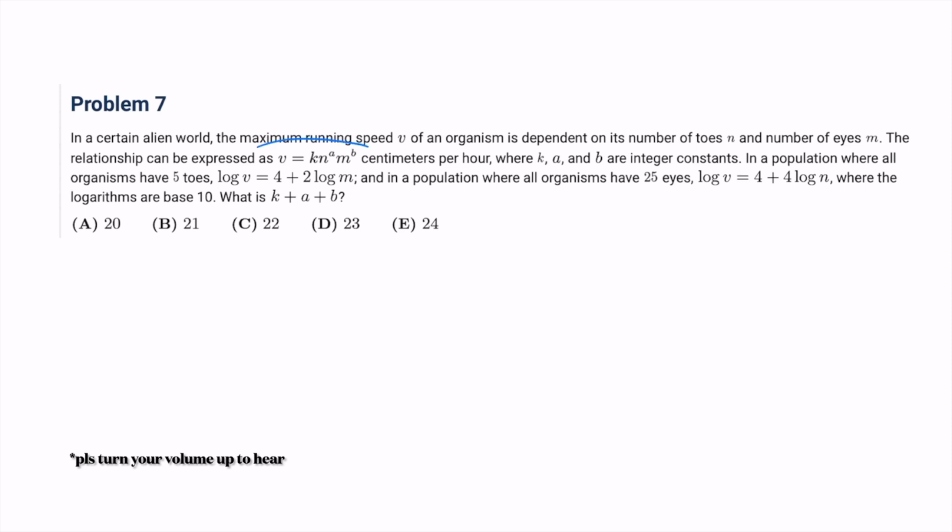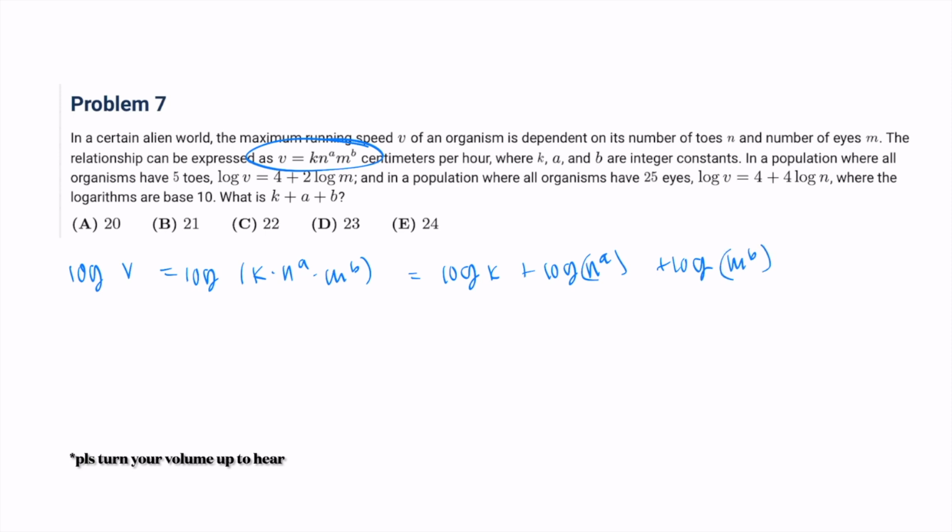First, if we take the logarithm of this equation, we should get log v equals log of k times n to the a times m to the b, which equals log k plus log n to the a plus log m to the b, which equals log k plus a log n plus b log m.